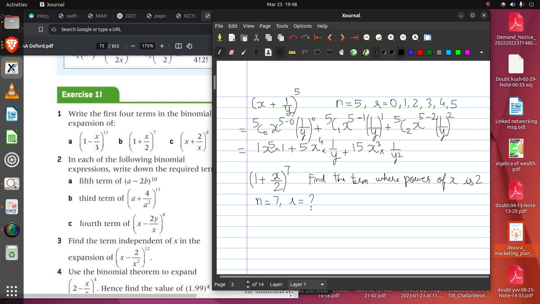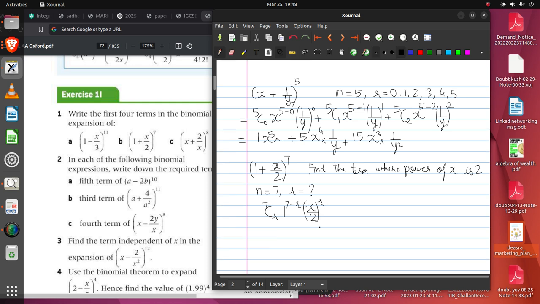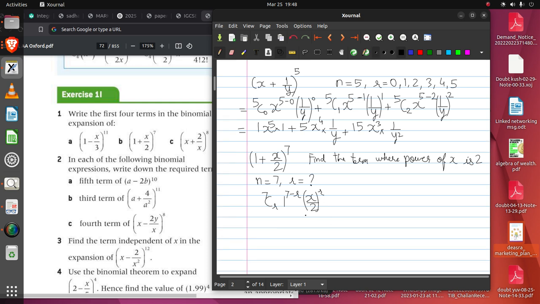So what you should do is write the general formula, which is 7cr, 1 raised to 7 minus r, and x by 2 raised to r. That's the general formula. So how will I identify the r? I know the power of x here is 2. In this, x will have a power of 2 only if r is equal to 2.